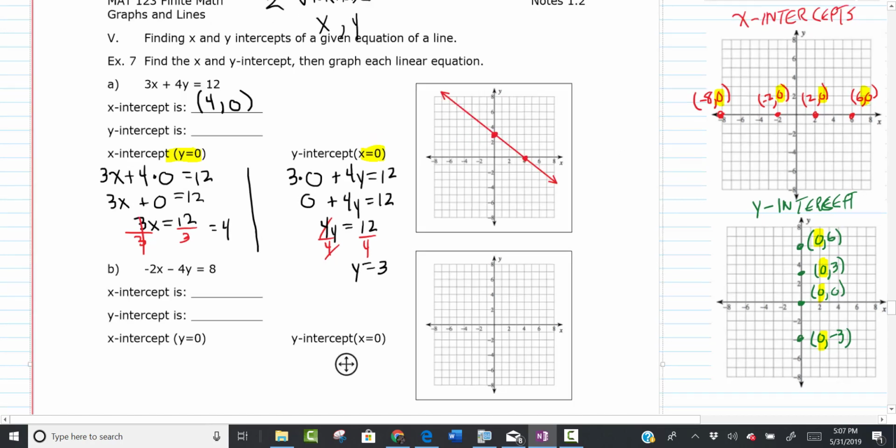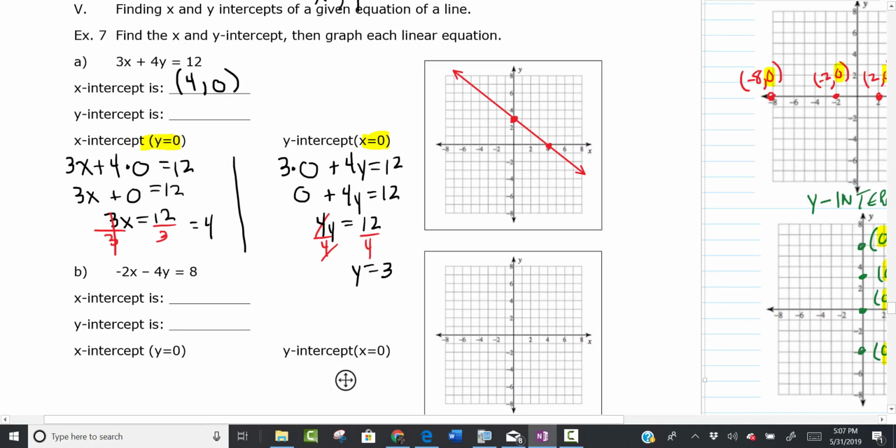I was going to show you one other thing if I possibly can. I'm going to take this point right here. It looks like that point is 8 and -3. What I wanted to do is show you how you can check.